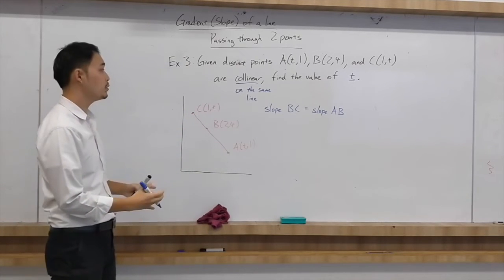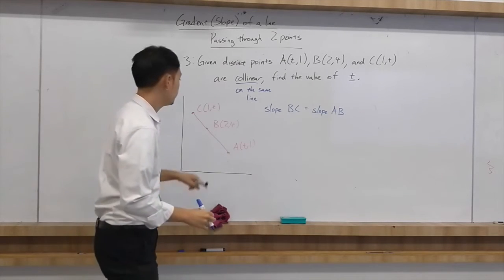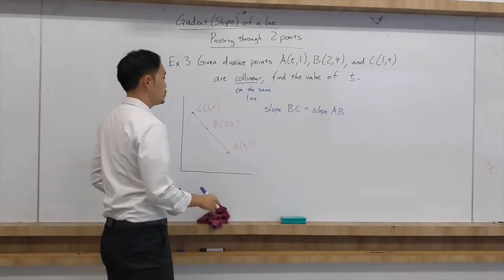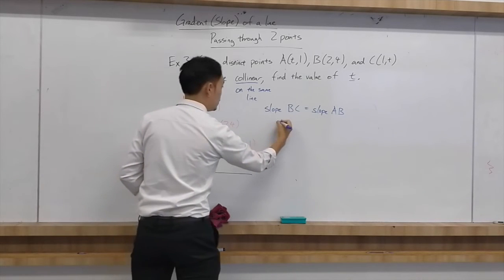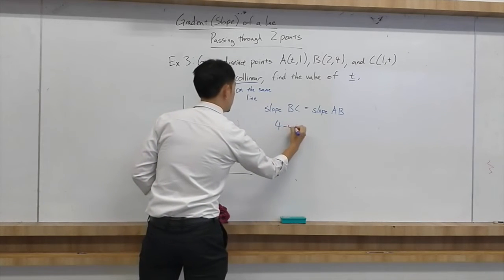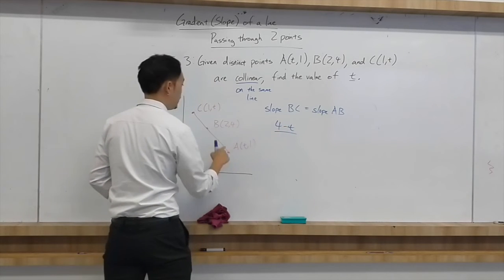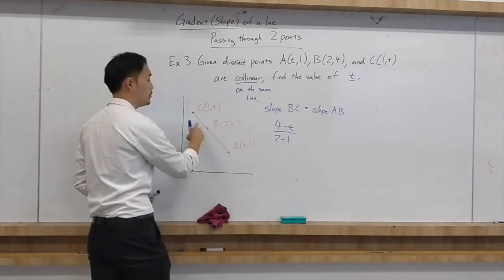So if I create an equation to map that, hopefully I can solve for T. Let's take a look. Let's calculate the slope from B to C. All right, let's call this our 2 and this our 1. So 4 minus T on top. And on the bottom, 2 minus 1. That's my slope of B to C.